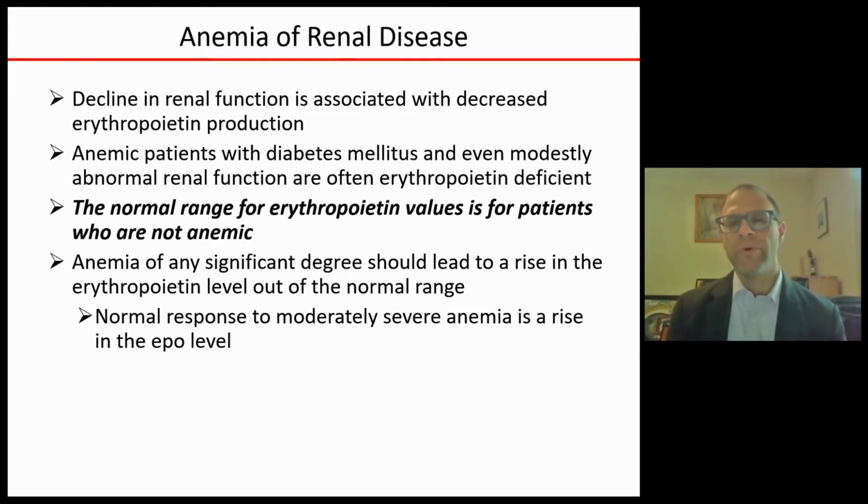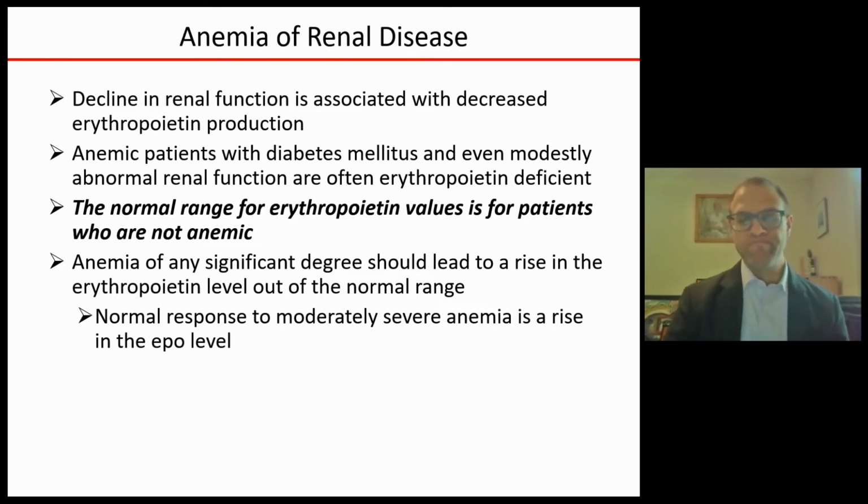Somebody with a hemoglobin of 10 will typically have an EPO level around 100, which is really high. So if they're not getting up there, that is an EPO deficiency, even if their EPO level is above the normal range.